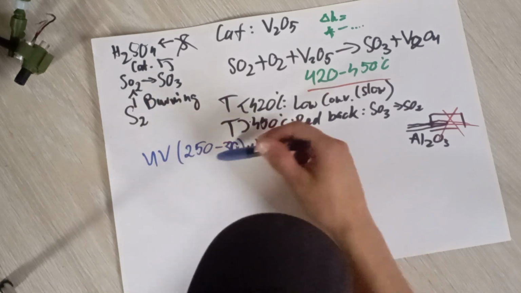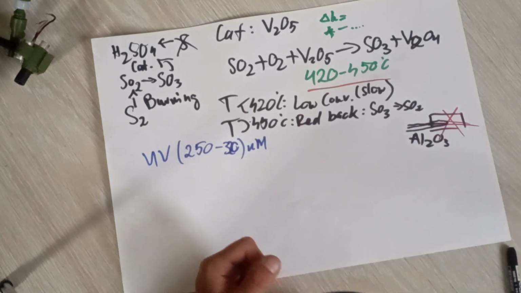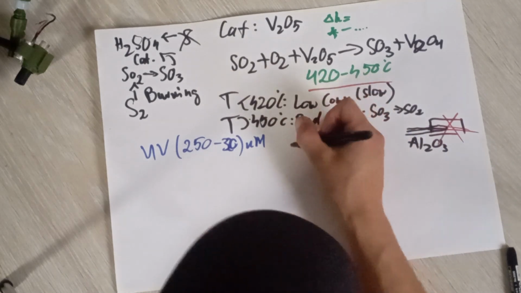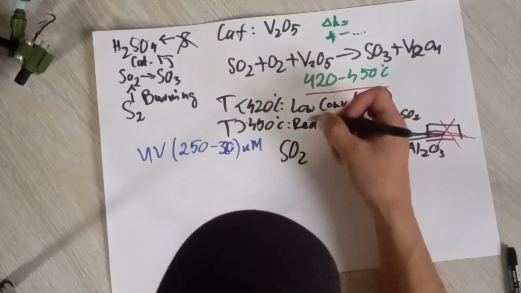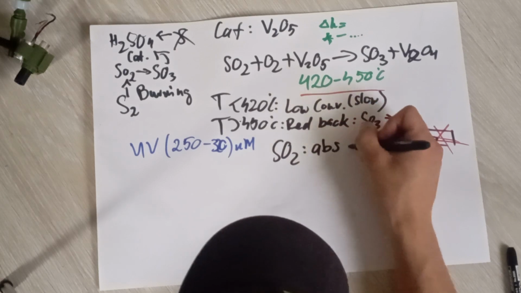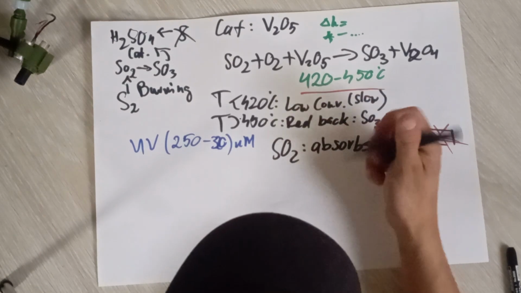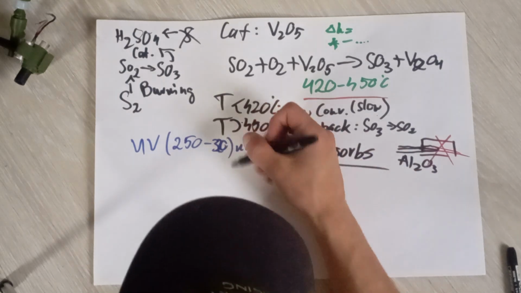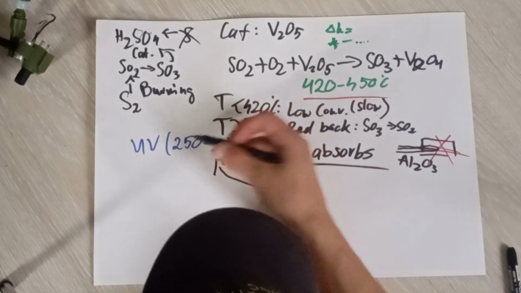And this UV is basically a specialty of sulfur dioxide. Sulfur dioxide has an absorption rate, so it absorbs, and that is very important because it absorbs light in this range.